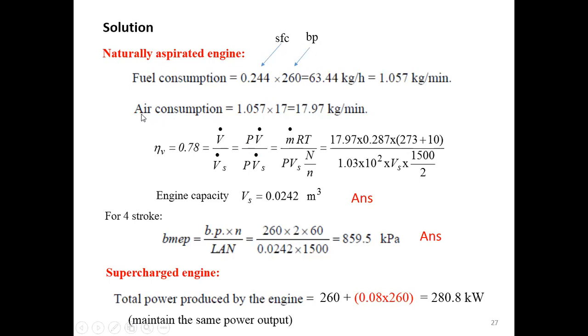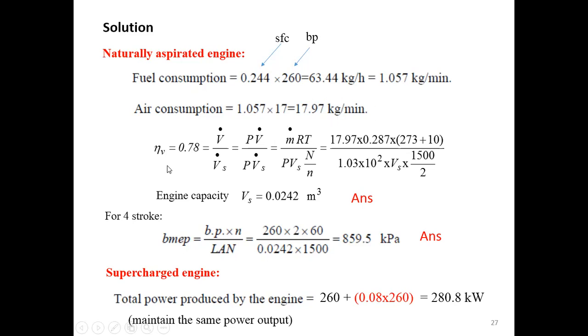And then the amount of air consumed: since we know the amount of fuel and the air-fuel ratio of 17 to 1, one portion is equal to 1.057. If we have 17 portions, that represents the amount of air. The amount of air will be 17.97 kilogram per minute.